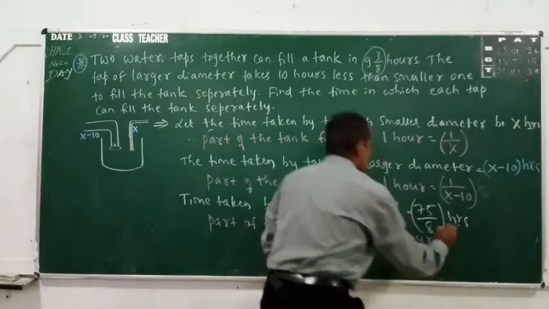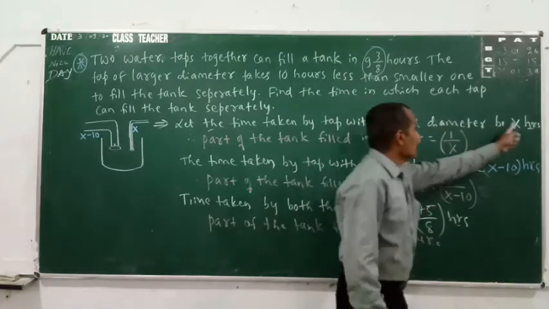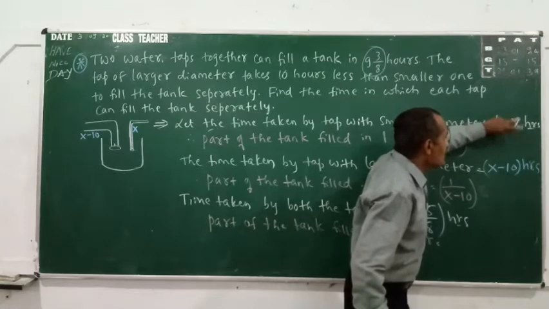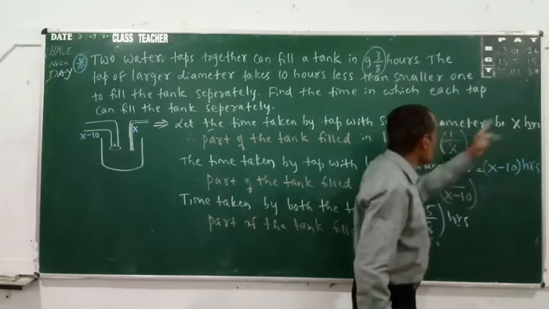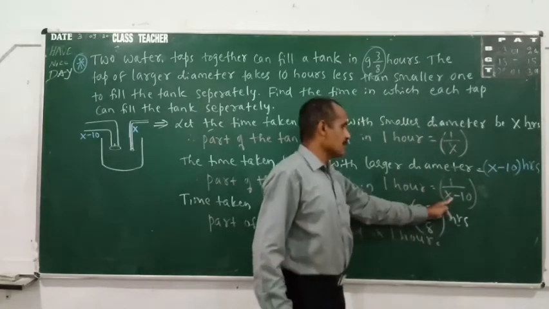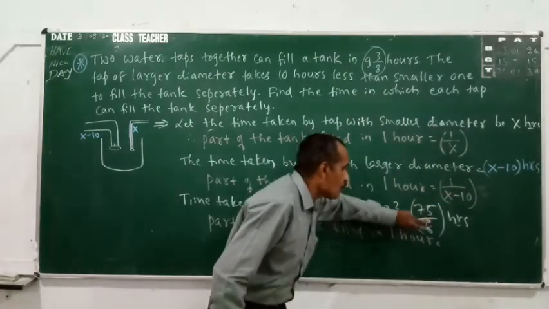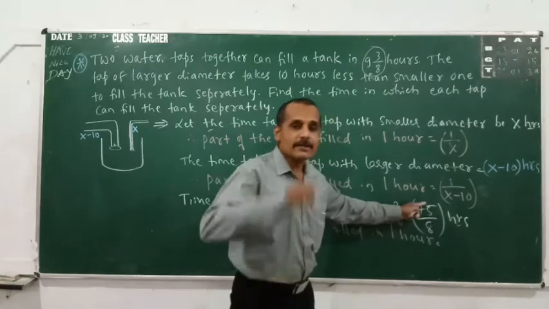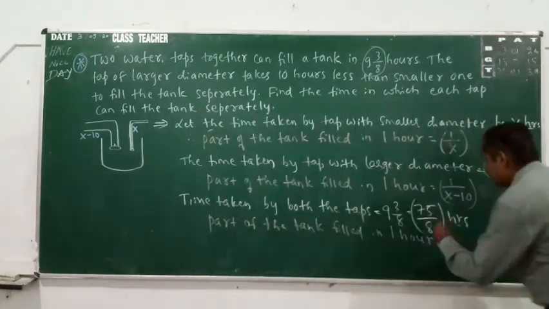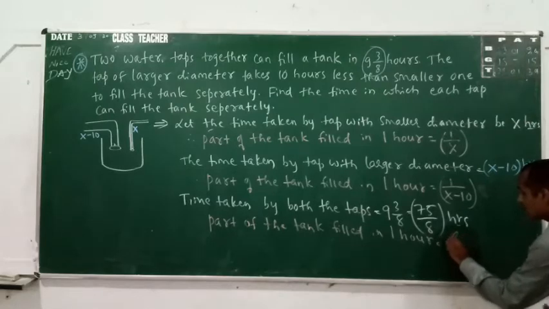When I ask for 1 hour, this will come in the denominator, which means I will take the reciprocal. The reciprocal of x is 1 by x, the reciprocal of x minus 10 is 1 by x minus 10. Here when I take the reciprocal, 8 goes to the numerator and 75 comes in the denominator. In 1 hour, it is equal to 8 by 75.